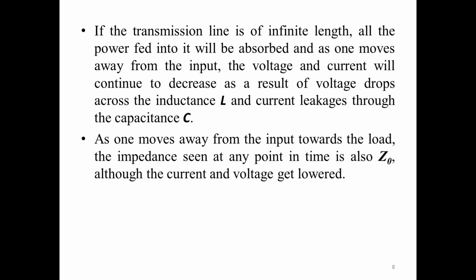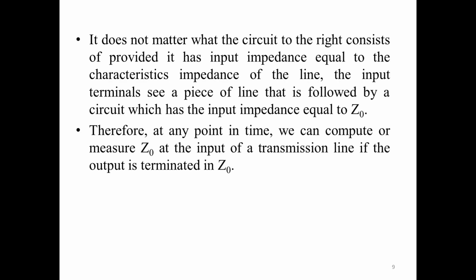If the transmission line is of infinite length, all the power fed into it will be absorbed, and as one moves away from the input, the voltage and current will continue to decrease as a result of voltage drops across the inductance L and current leakages through the capacitance C. As one moves away from the input towards the load, the impedance seen at any point is also Z0, although the current and the voltage get lowered.